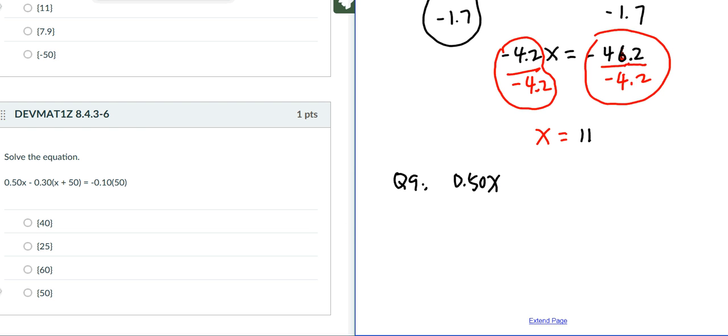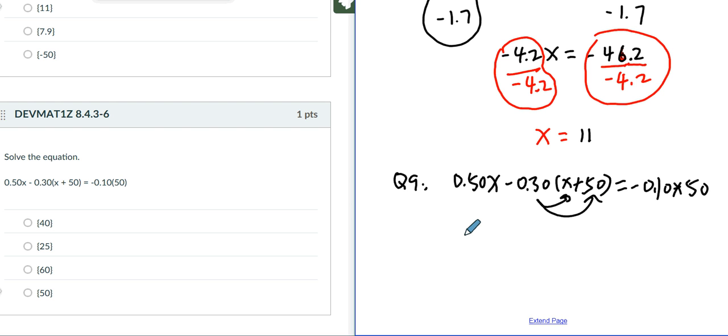Let me copy this question, 0.30 times x plus 50. And here we have a negative 0.10 is actually times 50 in this case. So we use distributive property.